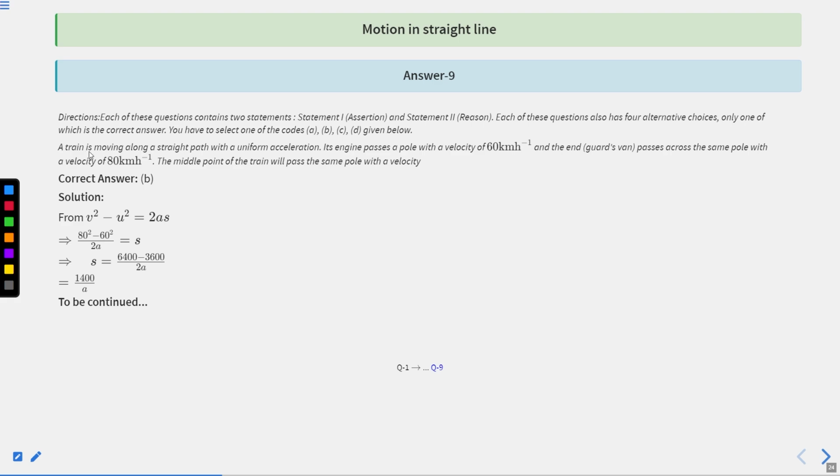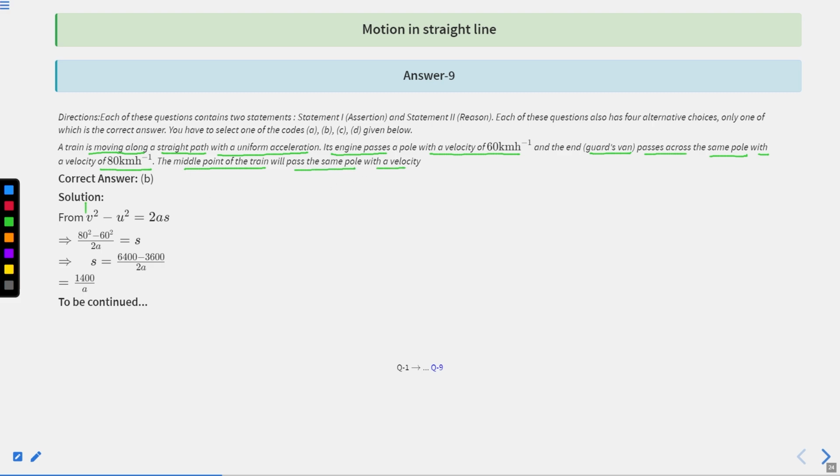According to the question, a train is moving along a straight path with a uniform acceleration. Its engine passes a pole with velocity 60 km per hour, and the guard's van passes across the same pole with a velocity of 80 km per hour. The middle point of the train will pass the same pole with what velocity?